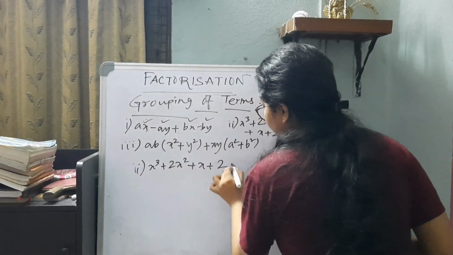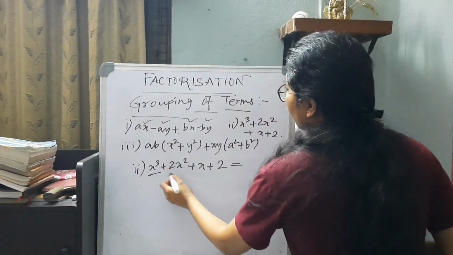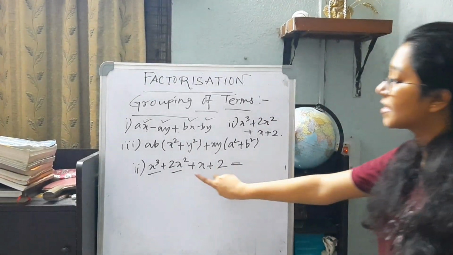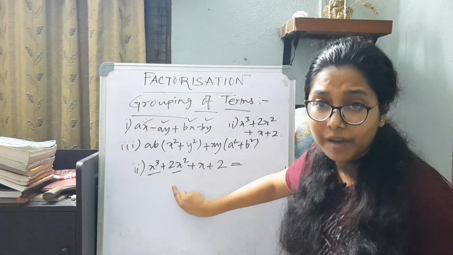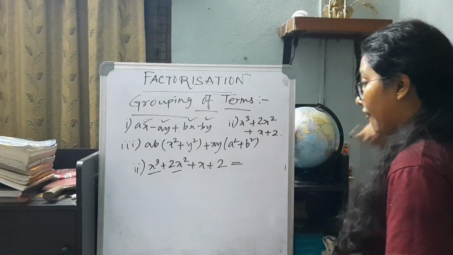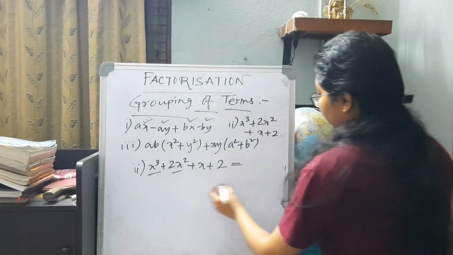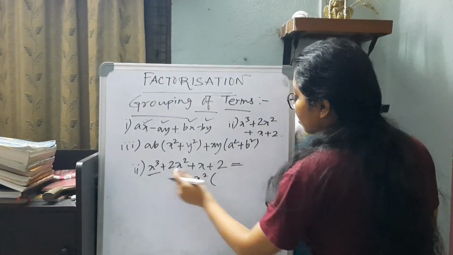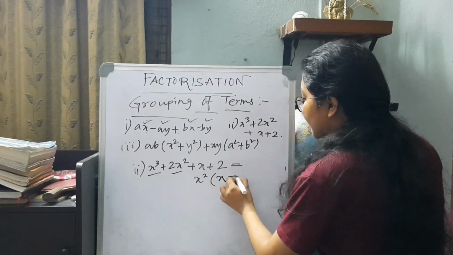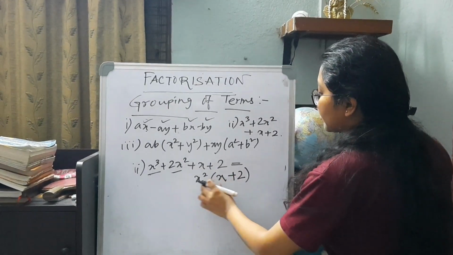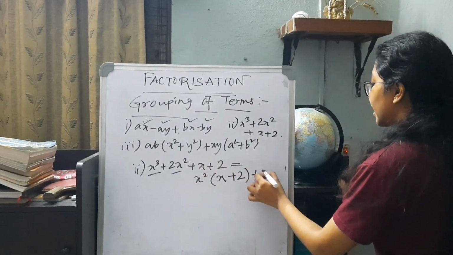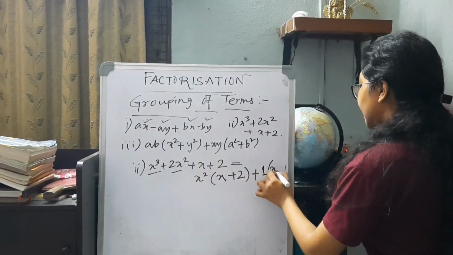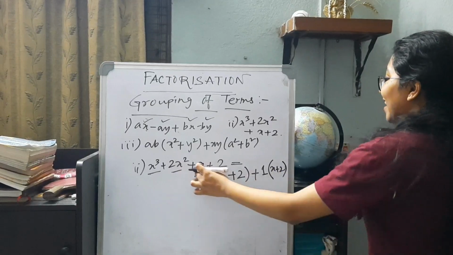we can actually see that we can go for grouping these two. The maximum common factor which we can get for this grouping is x square. So taking x square common, this will be only x plus 2 because x square has been taken in common, plus for this 2 we can only get a 1 times of x plus 2 because there is nothing extra common in these two.